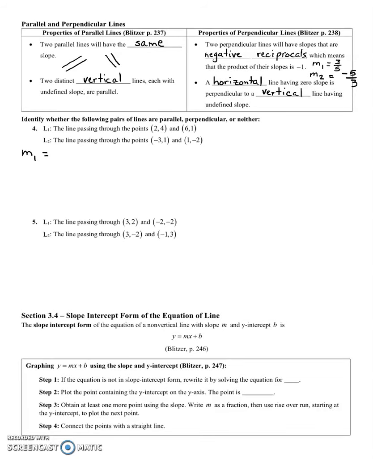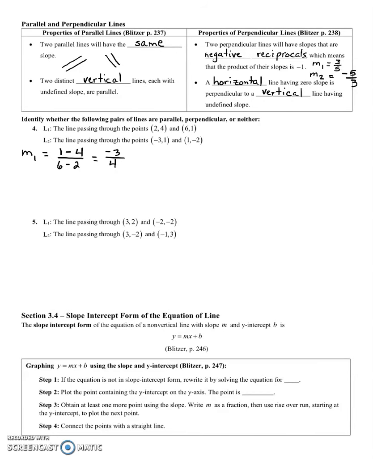So we should have y2, which is 1, minus y1, which is 4, over 6 minus 2. So 1 minus 4 is -3, and 6 minus 2 is 4, and that's already simplified.